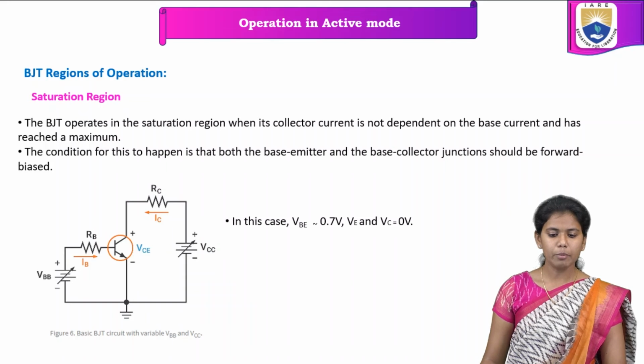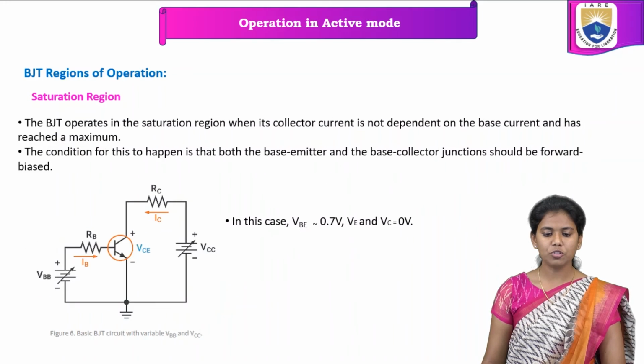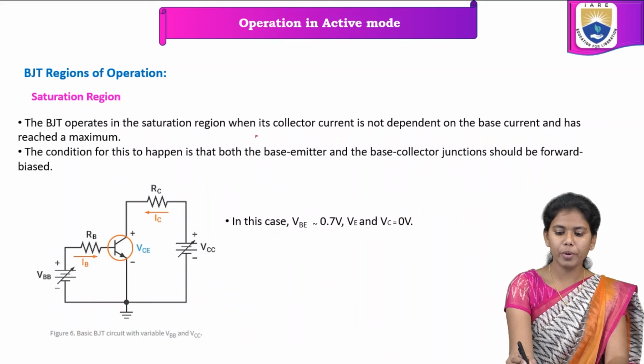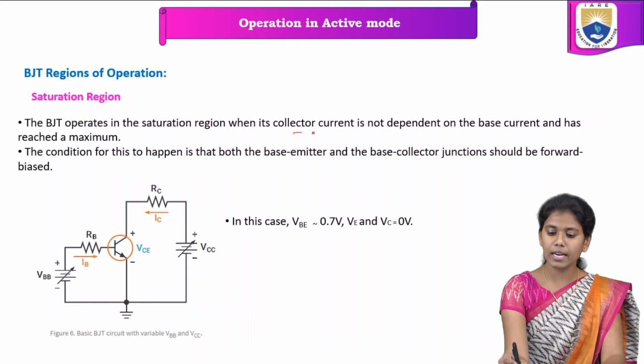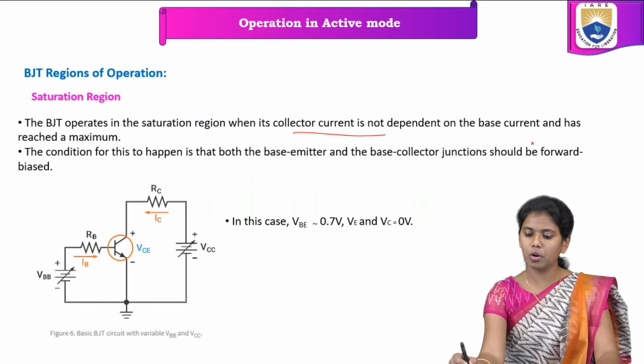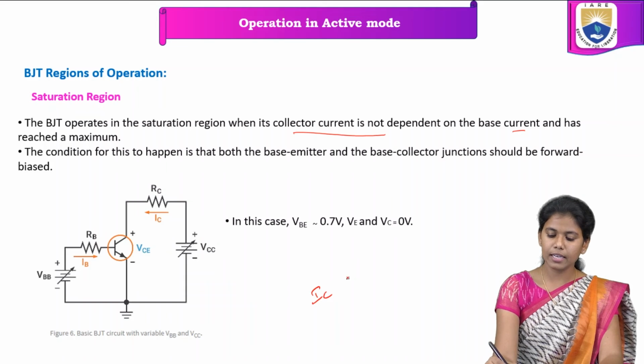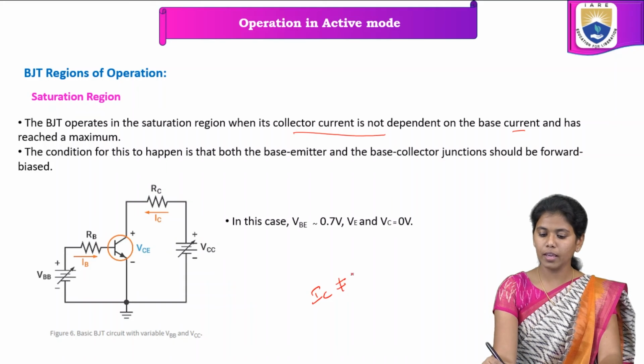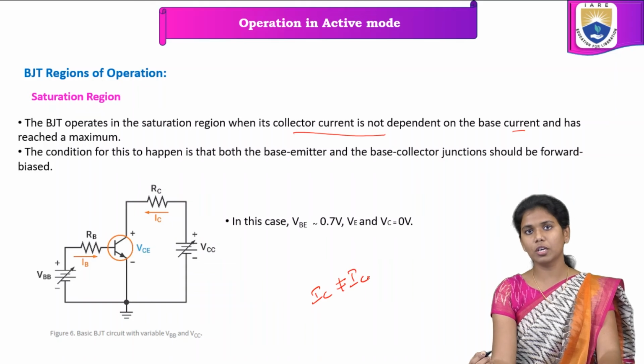And now coming to the saturation region. In the saturation region, the BJT operates in saturation when its collector current is not dependent on the base current and has reached a maximum.